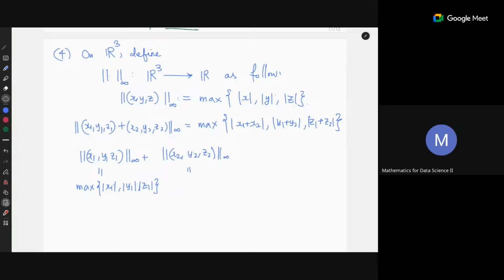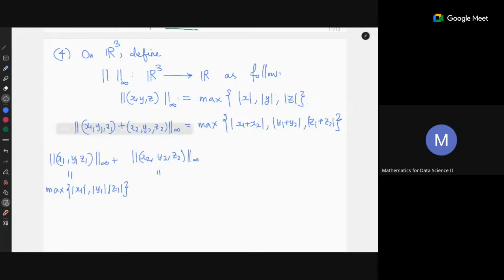All right. So let's keep them aside and focus on this part. Suppose x1 plus x2 is the maximum.